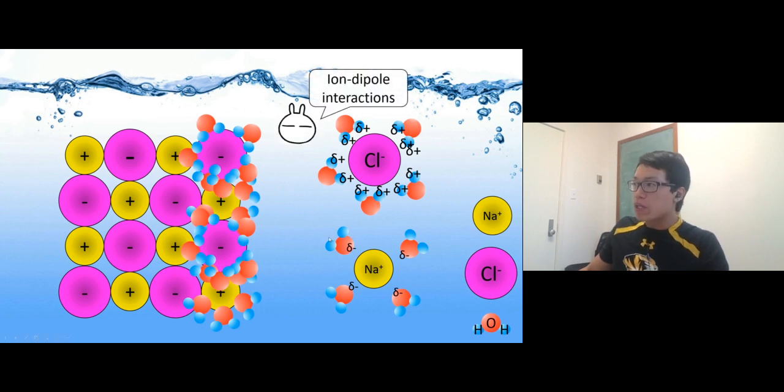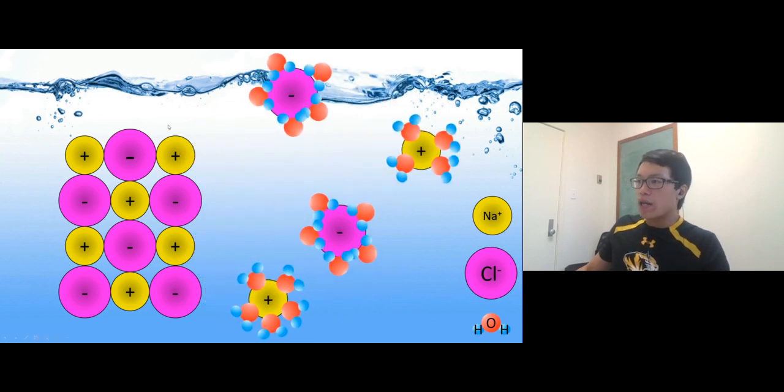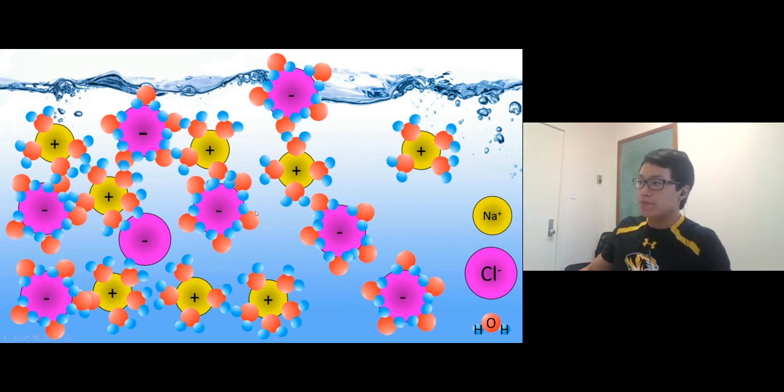We call this ion-dipole interaction, which is pretty strong. Chloride and sodium are pretty happy, pretty stable, and then they are pulled apart. The solvation starts from the surface and eventually the whole thing looks like that. So water is a common solvent and can dissolve a lot of compounds.